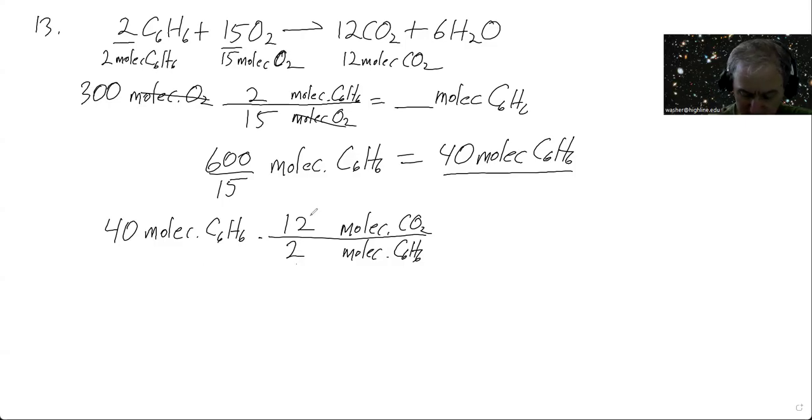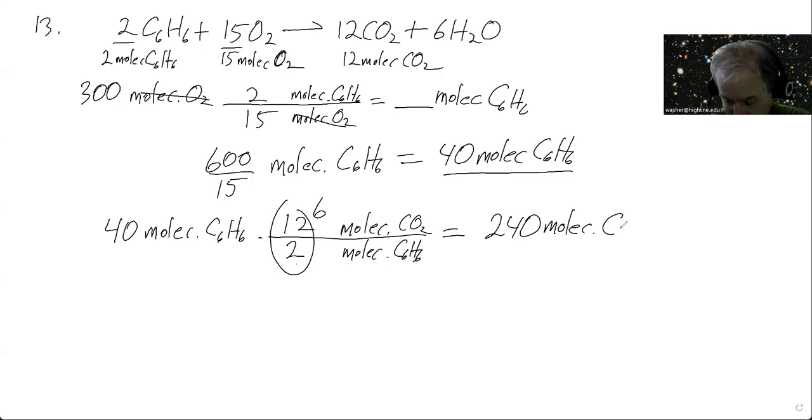So this reduces to 6, and 6 times 40 is 240 molecules of CO2. That's how you do 13. I think I might have done that in class, but it doesn't hurt to review it.